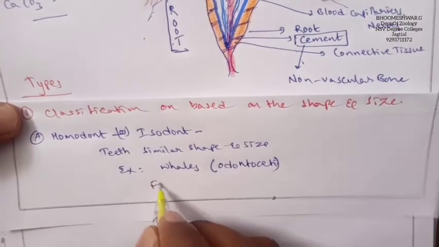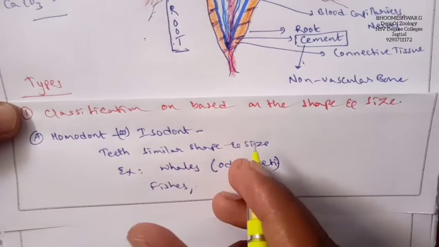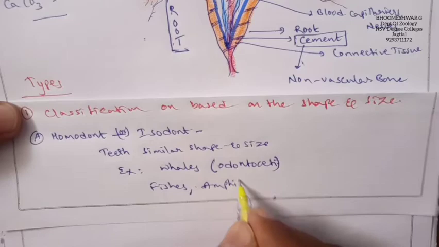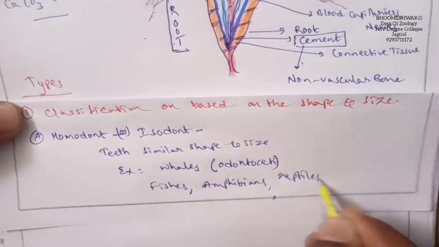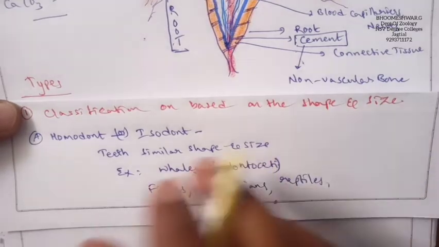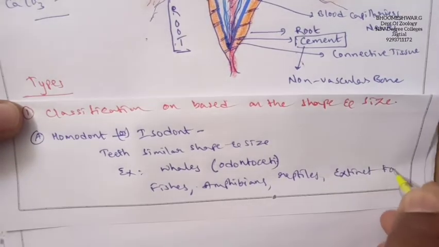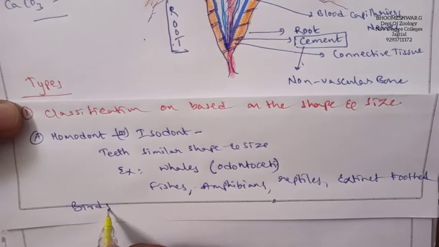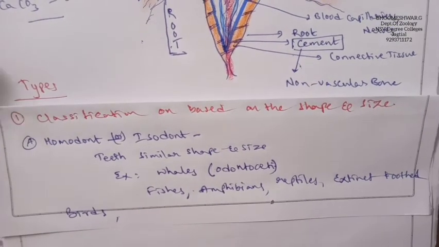At the same time, several fishes show the homodont condition, and amphibians, reptilians, and extinct toothed birds also show the homodont type of teeth.